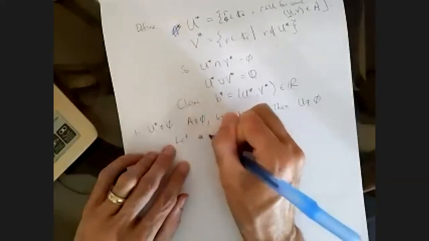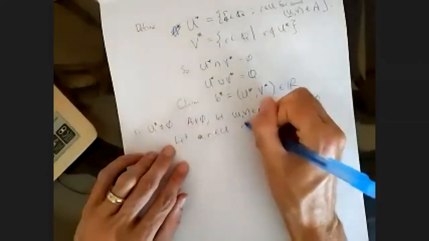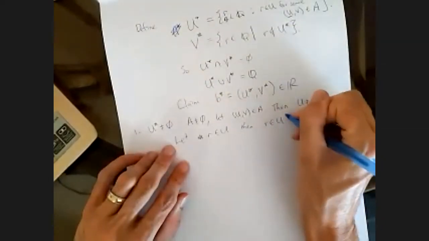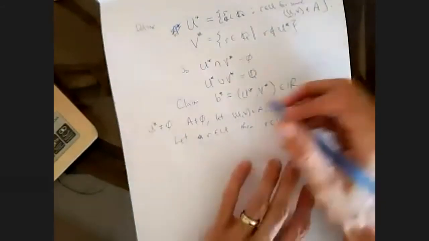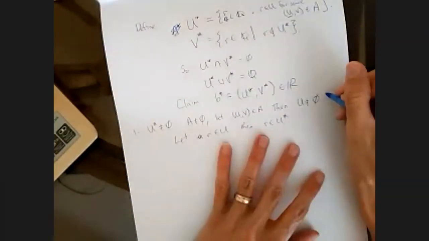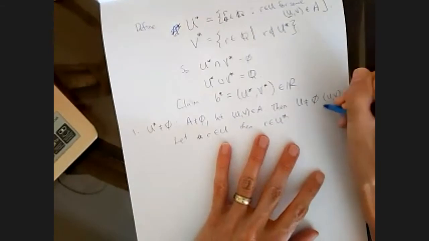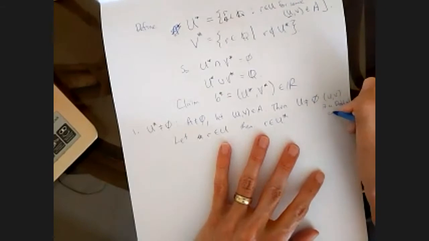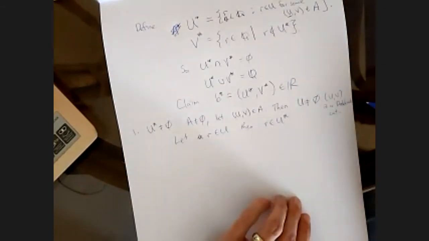So let R be in U, then by definition, R is in U star. Okay. And U is non-empty because this UV is a Dedekind cut.